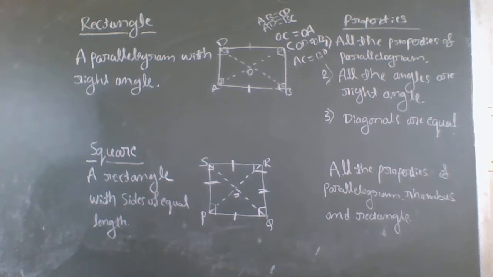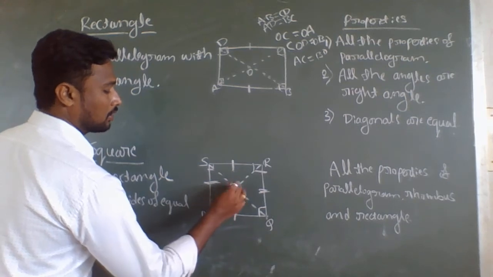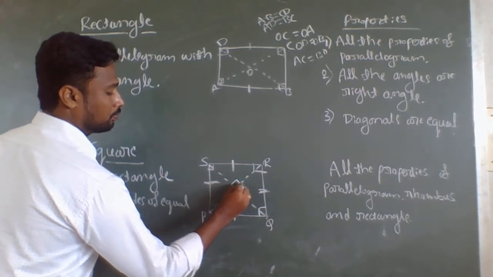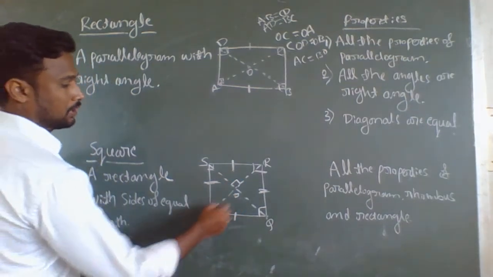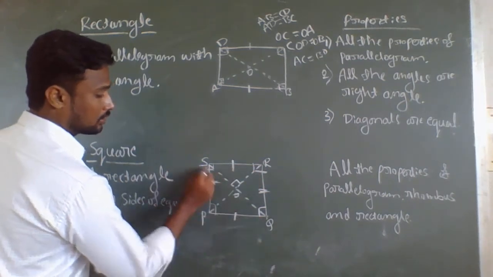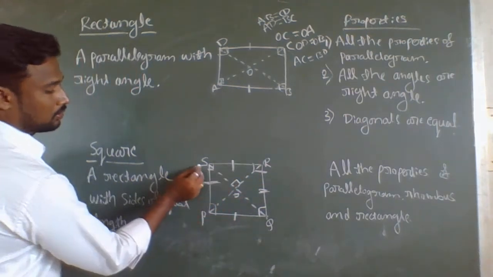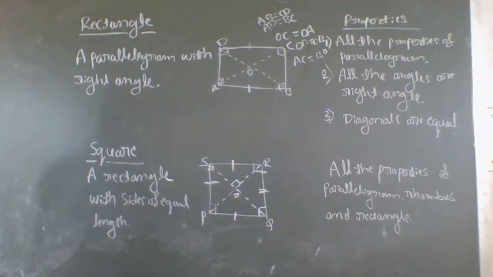This is the property of a rhombus. What is that? Diagonals are perpendicular to each other. Here diagonal PR is perpendicular to diagonal QS, and QS is perpendicular to PR. Diagonals are perpendicular to each other.